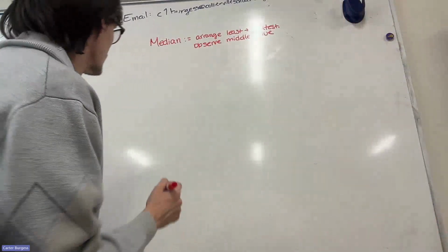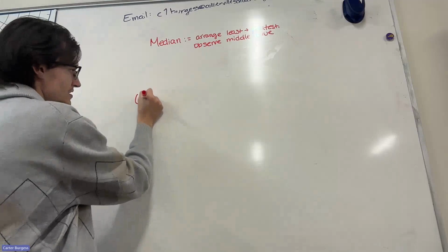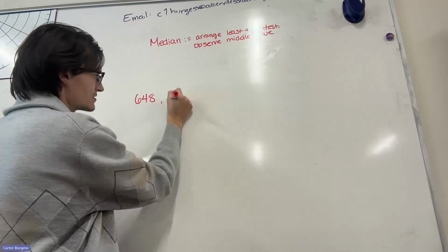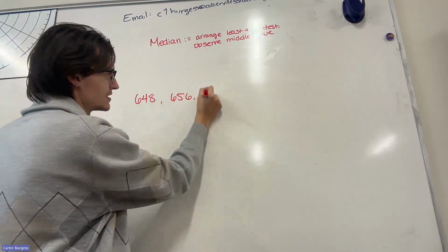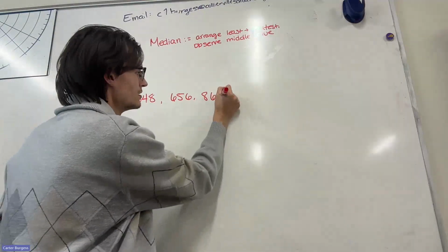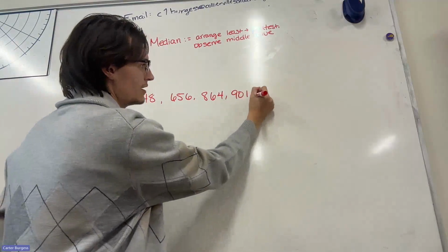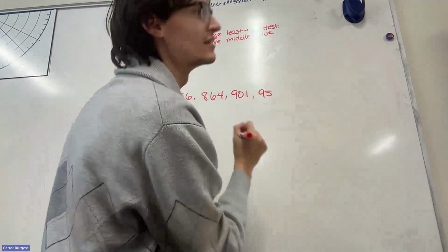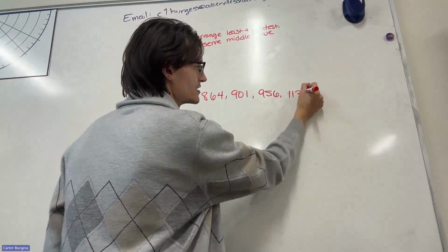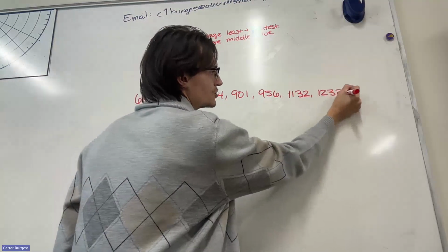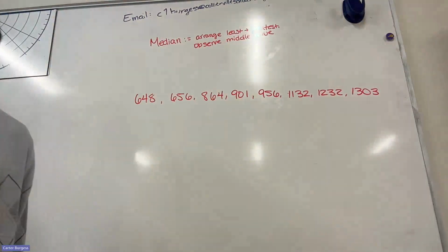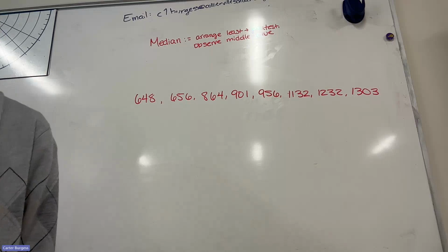So as I go through and arrange it, I start with 648, and then 656, and then 864, and then 901, and then 956, and then 1132, and then 1232, and then 1303. So arranging in order, least to greatest.